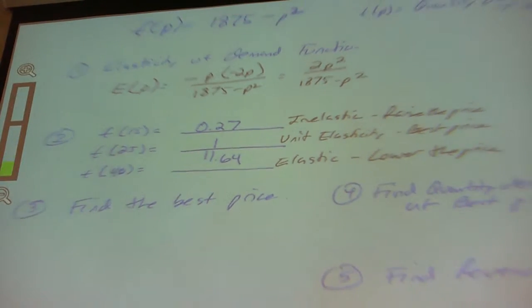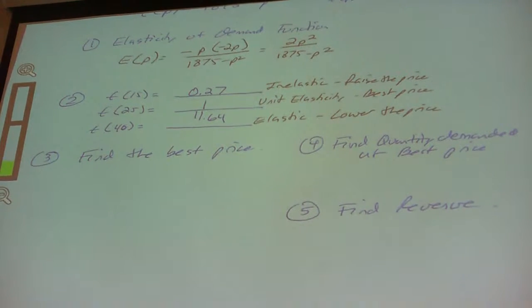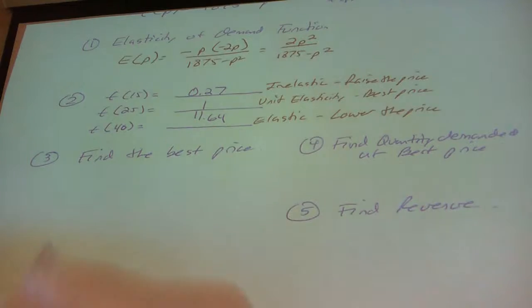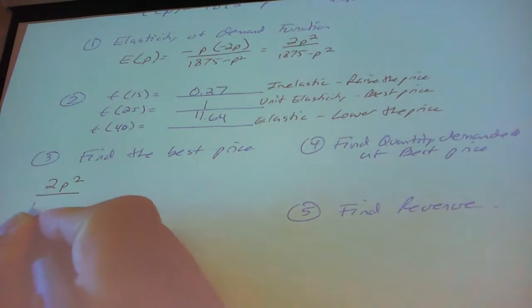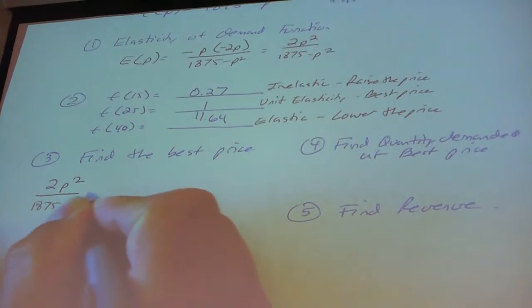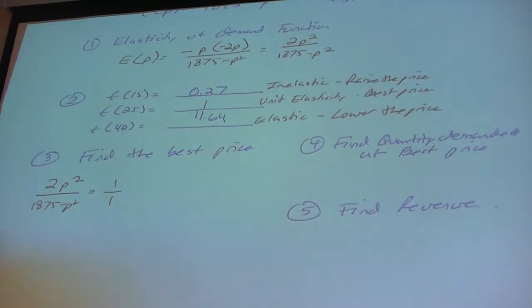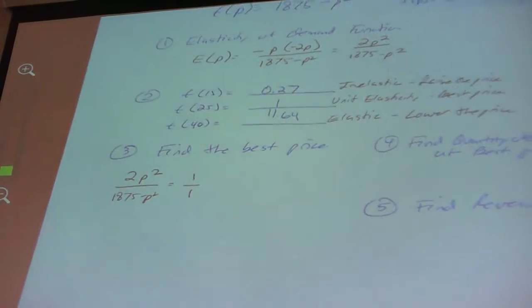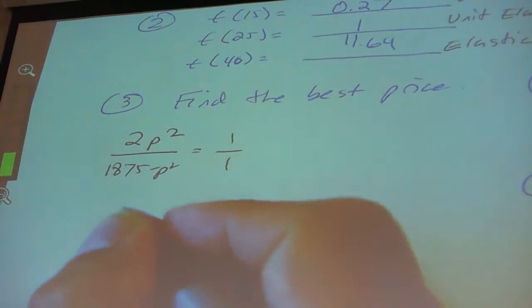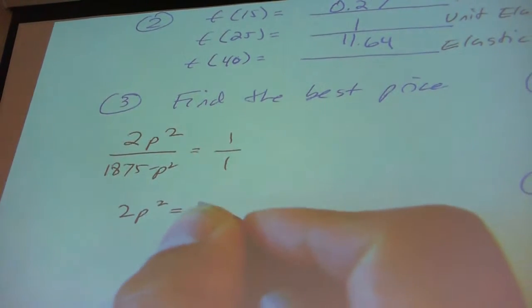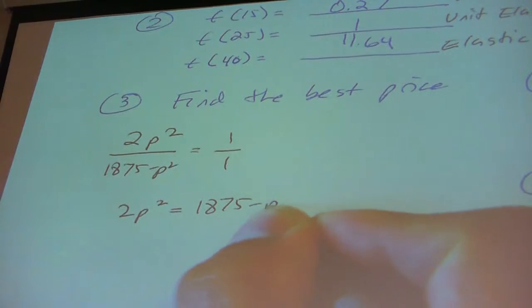Now, if I don't give you the numbers and magically you get 1, how would you do this? Well, we set our elasticity of demand function equal to 1 over 1. Zoom in on that part. Cross multiply: 2p squared equals 1875 minus p squared.